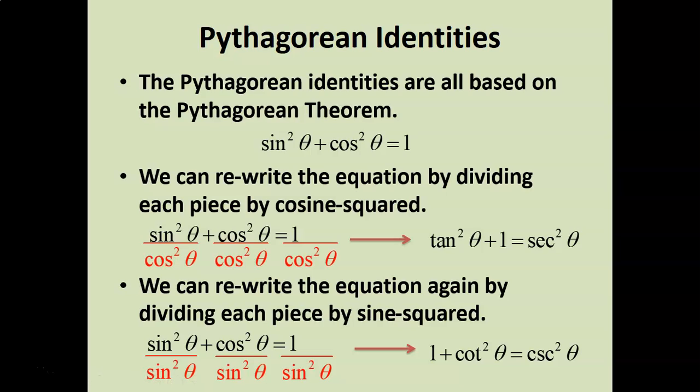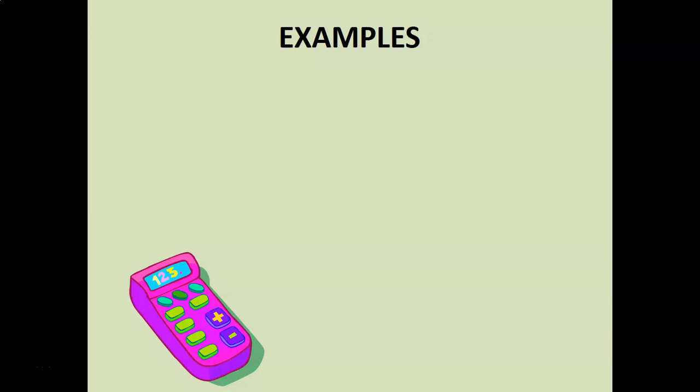So these are the 3 fundamental theorems that we need to know, called the Pythagorean identities. And if you were to look up anything about trigonometric identities, this would be the one main concept that you would learn. So let's look at some examples here.